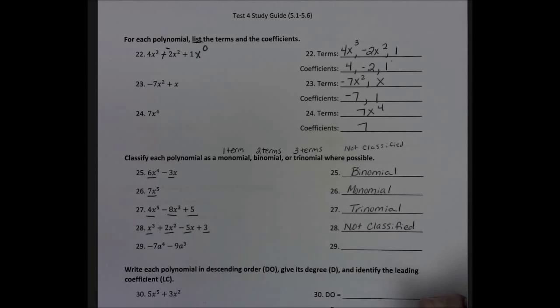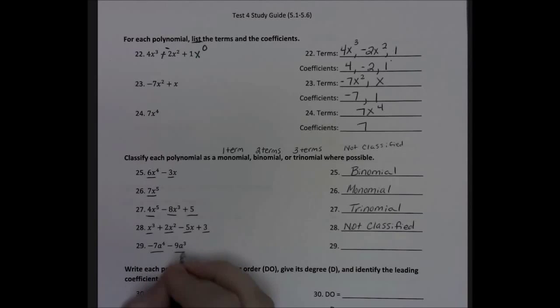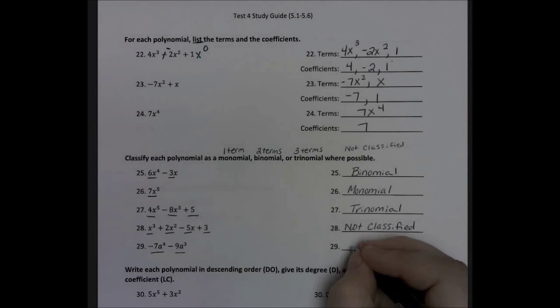And then on 29 we have 2 terms, so we would write binomial.